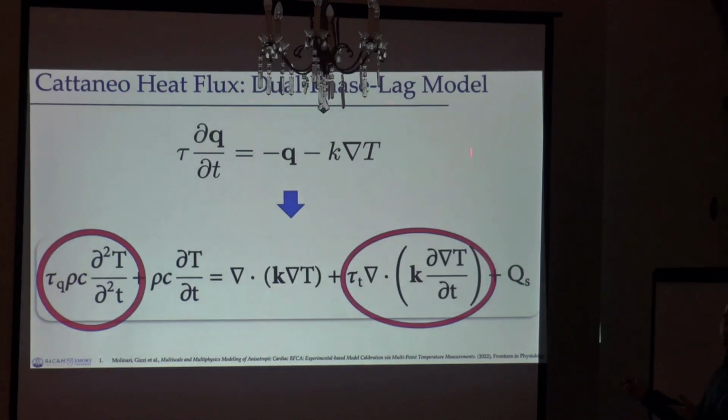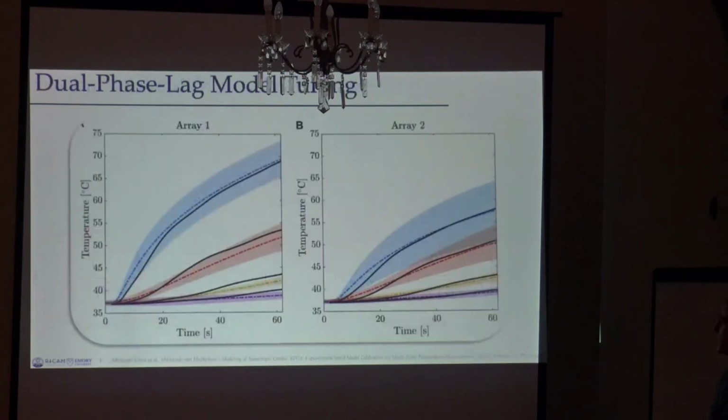In the literature nowadays, it's called maybe a dual phase lag model, but coming from a Cattaneo equation. Basically, we introduced 2 additional terms, related to 2 different time constants, right? And if you have 2 additional time constants, you can get nicely the experimental traces on average.